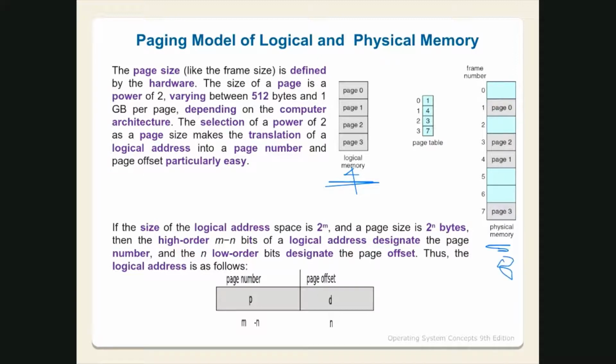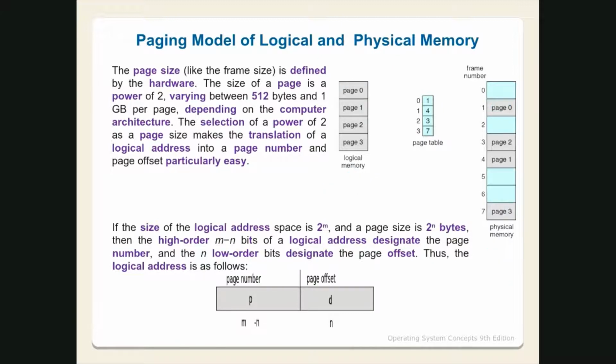Logical memory and physical memory are not the same size. But the size of the page is the same as the size of the frame. For example, if the page size is 5 KB, the frame size is also 5 KB. So this is the idea.